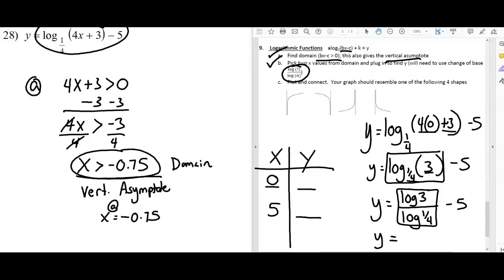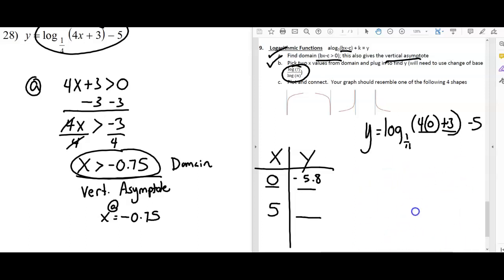Log 3 divided by log 1/4 is negative 0.79. And if I subtract those, I'll get my final answer, which is negative 5.8, we'll say.